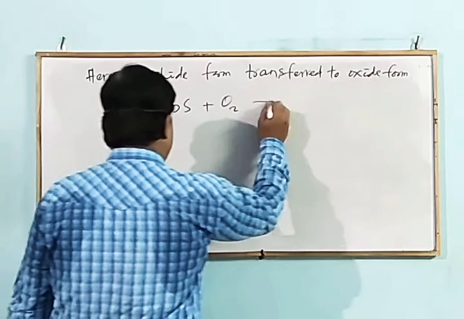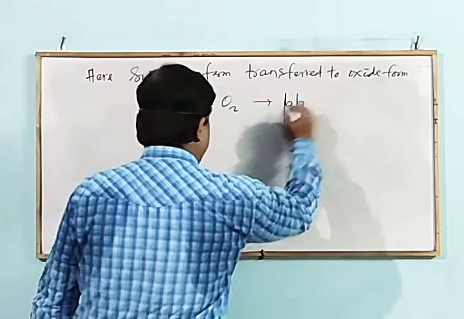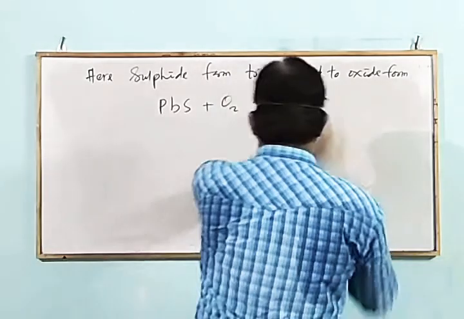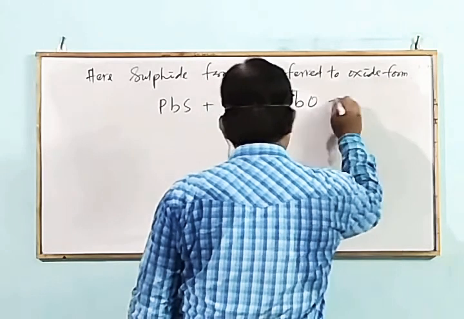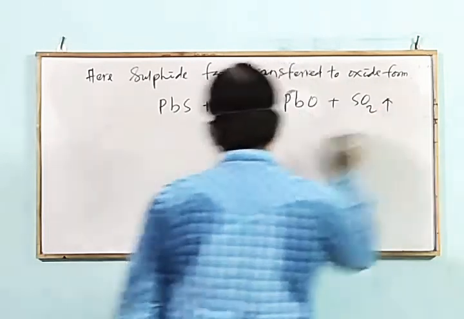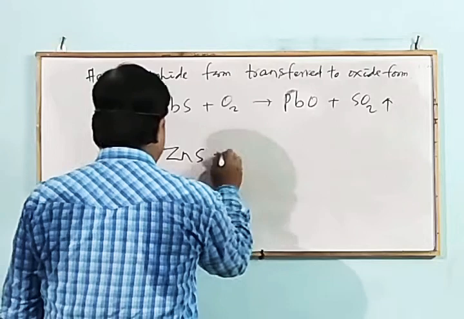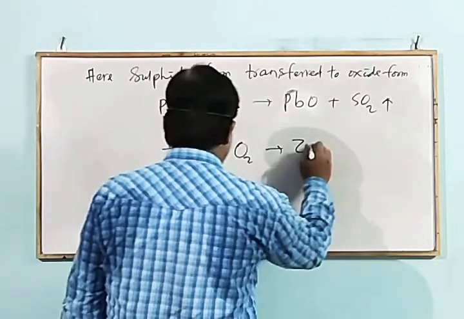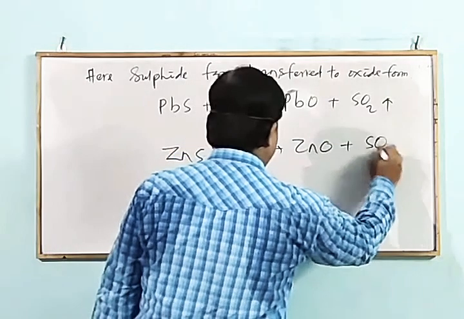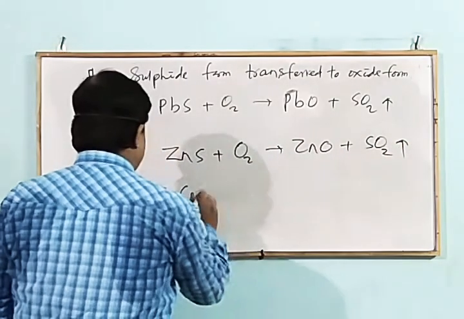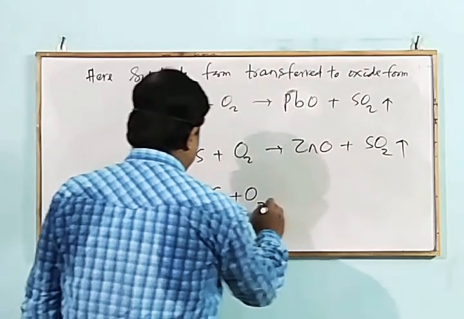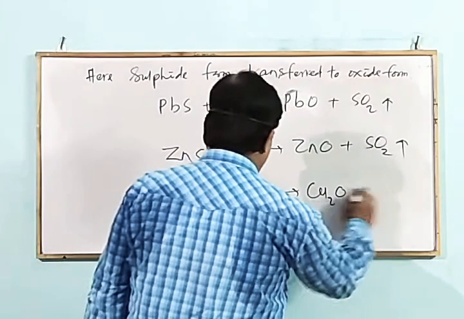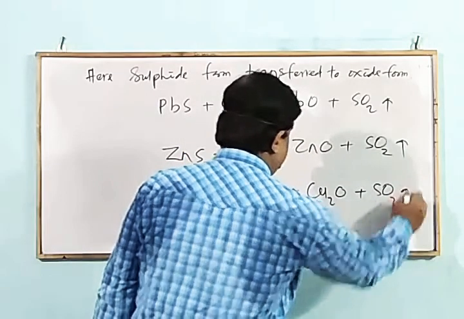For example, PbS plus O2 gives PbO plus SO2. ZnS plus O2 gives ZnO plus SO2. CoS plus O2 gives CoO plus SO2.